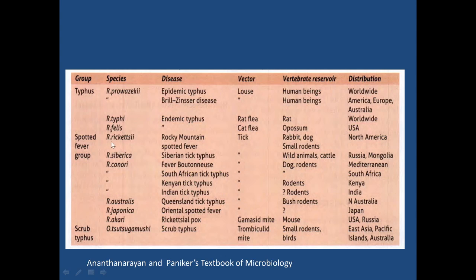Rickettsia rickettsii causes Rocky Mountain spotted fever, which is common in America, and it is also spread by ticks, widely found on dogs. So dogs are a reservoir for these ticks. Another important thing about these ticks is that they require warm temperature.